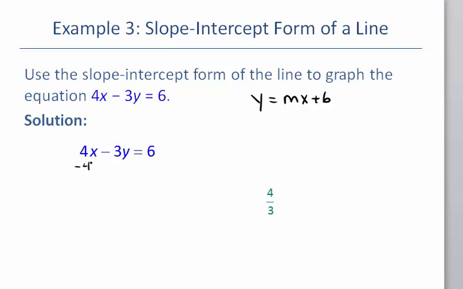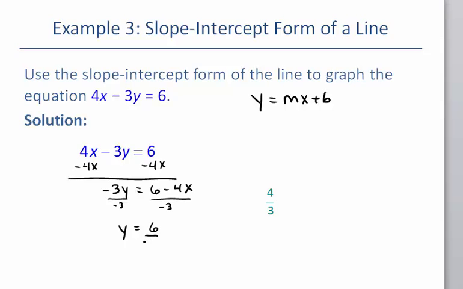So I'm going to begin by subtracting the 4x, which will give me negative 3y is equal to 6 minus 4x. And then I'm going to divide both sides by negative 3. Now when I do that, I'm going to divide each of these terms by negative 3. So I have 6 divided by negative 3, and I have 4x divided by negative 3.